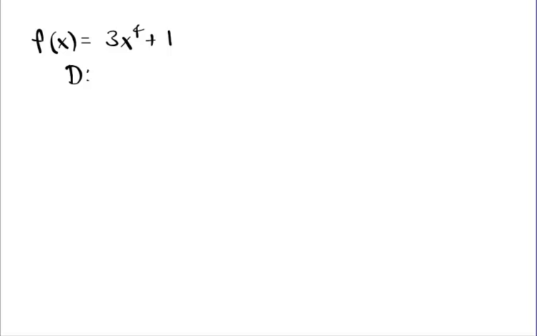The first thing you look for is a fraction or a radical. Since there is no fraction or radical in this problem, we say that the domain in interval notation goes from negative infinity to positive infinity. This is like saying that all real number values of x will work.